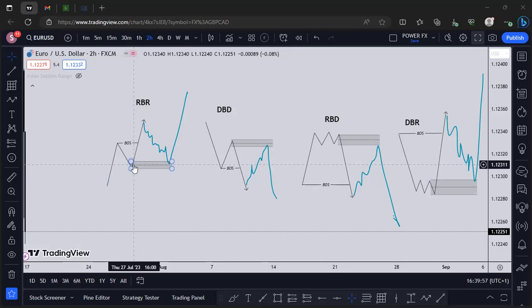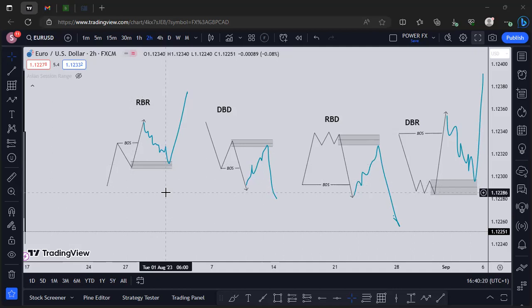There are different ways of identifying your POI. Some people come into the market, they see multiple buys, which is like multiple supply or demand zones for them to take their trade off of, but they end up taking their trade off of the wrong supply or demand zones.